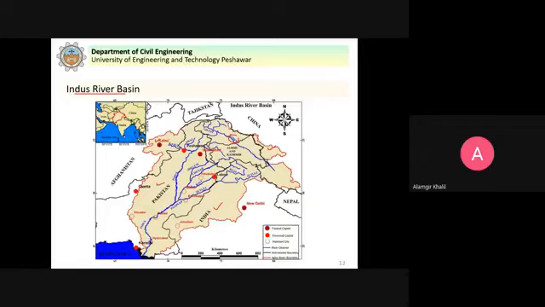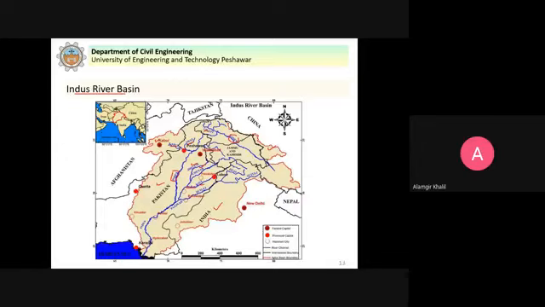The other rivers in the northern area, such as the Gilgit River, join the Indus River. The Kabul River and the Swat River also join the Indus. Now the other tributaries such as the Jhelum River and the Chenab River also originate in India. They join together with the Ravi River.